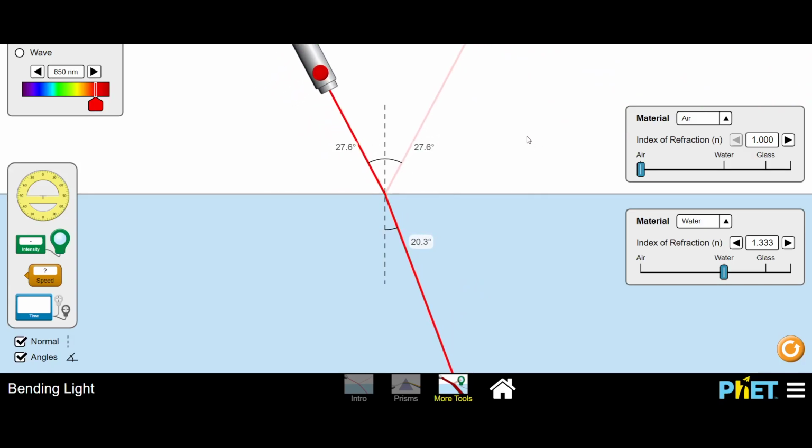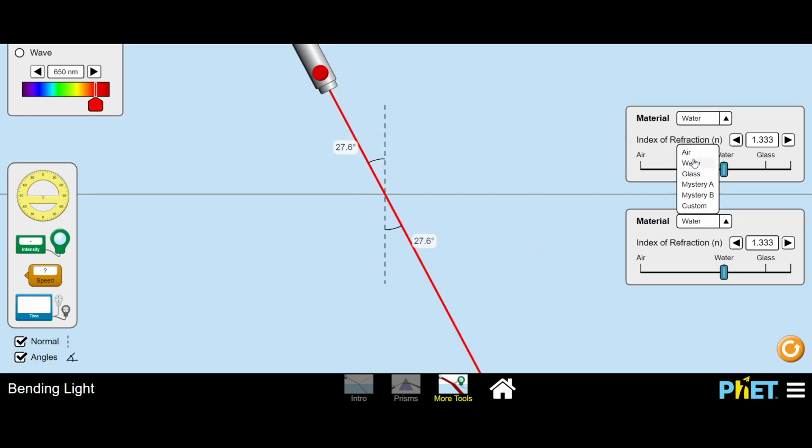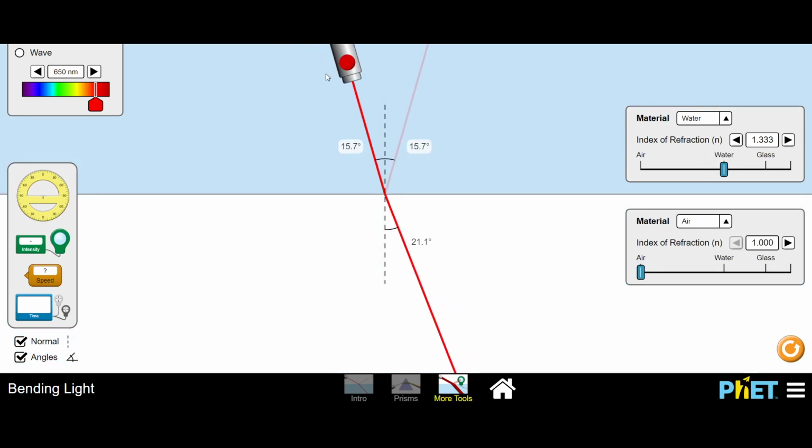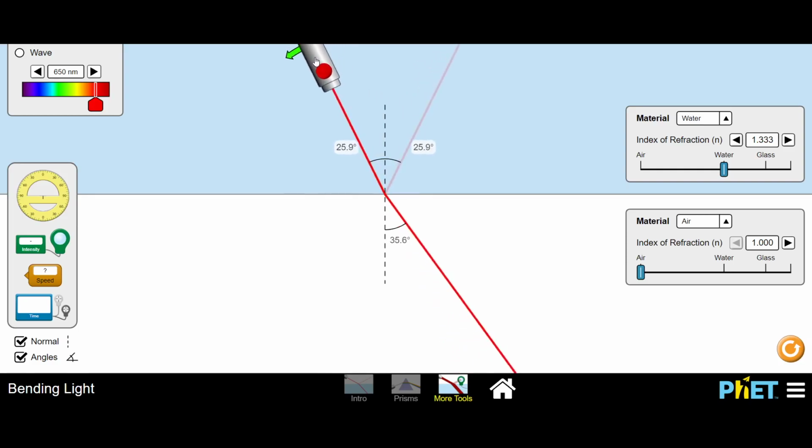Now what I'm going to do is change the mediums from air to water. I'm going to just swap it so it's from water to air. And I want you to notice that the same phenomenon happens. The ray of light comes, reaches a new medium, and some of it is reflected. It's a dim light.